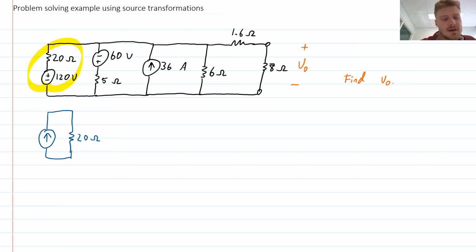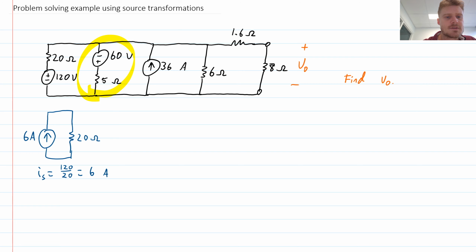And the current IS is going to be my voltage, which was 120, divided by the resistance, 20 ohms, which is 6 amps. So I have here a 6 amp current source. This part that I've just drawn is the equivalent circuit of the yellow highlighted section, replacing that voltage source with a current source.